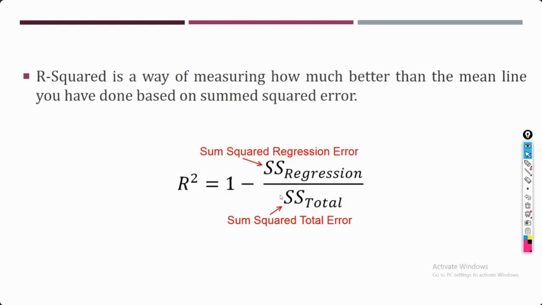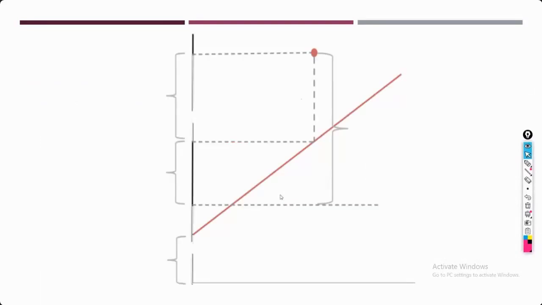First we will see what this SS regression is and what this SS total is, meaning what these two terms are representing. Here, suppose we have some data. Based upon that data, we have drawn this line.